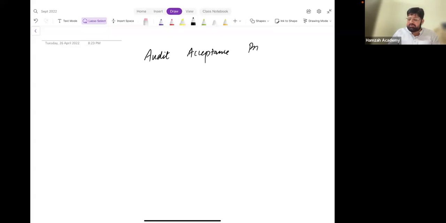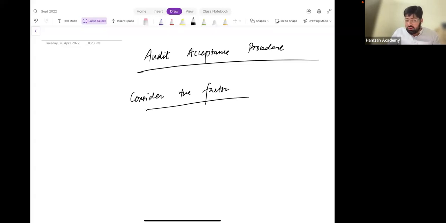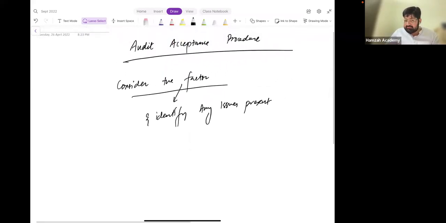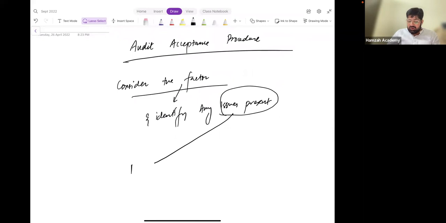First of all, the auditor considers the factors whether we should accept the audit or not, and identifies any issues present because of which the auditor should not accept the audit, and then whether the issues are resolvable.